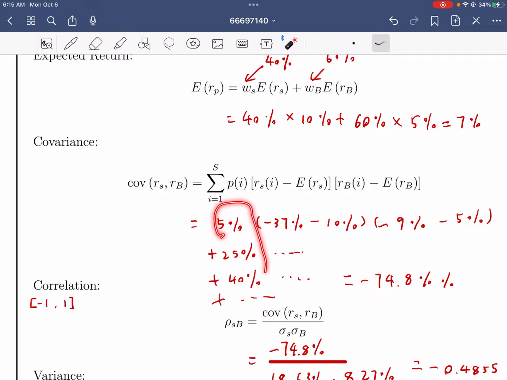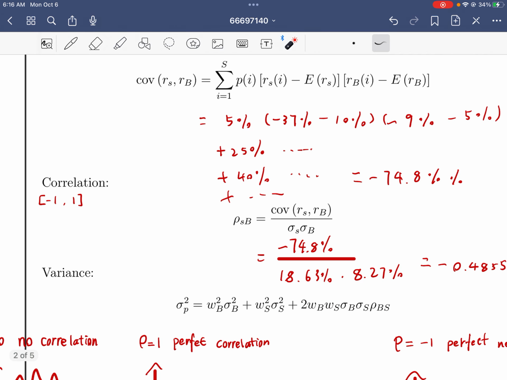So you use the probability of each scenario times the return's deviation from the expected return, stock times bond times the probability. Adding them together, you get a negative 74.8% covariance for the stock and bonds here.